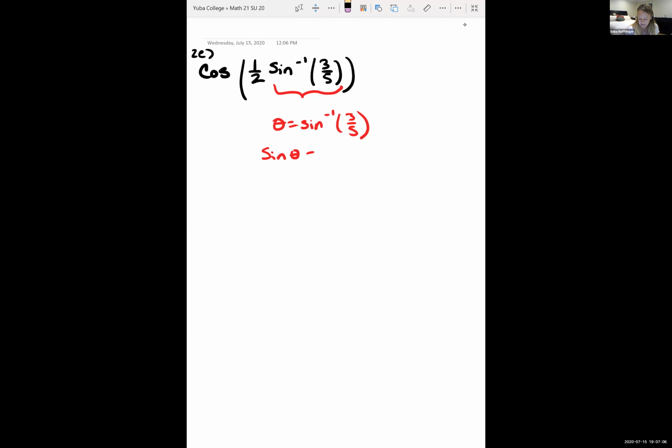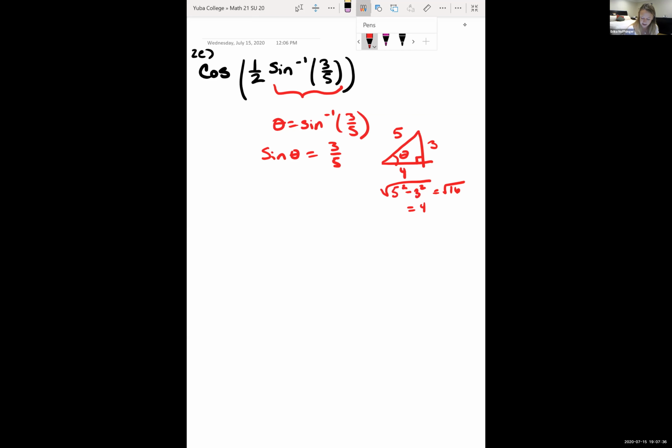So sine theta then is equal to 3/5. We make our triangle. If this was theta, sine is opposite 3 all over hypotenuse 5. This right here, using the Pythagorean theorem, the square root of the hypotenuse squared minus the leg squared, 3 squared. This is 25 minus 9, the square root of 16, which is 4.